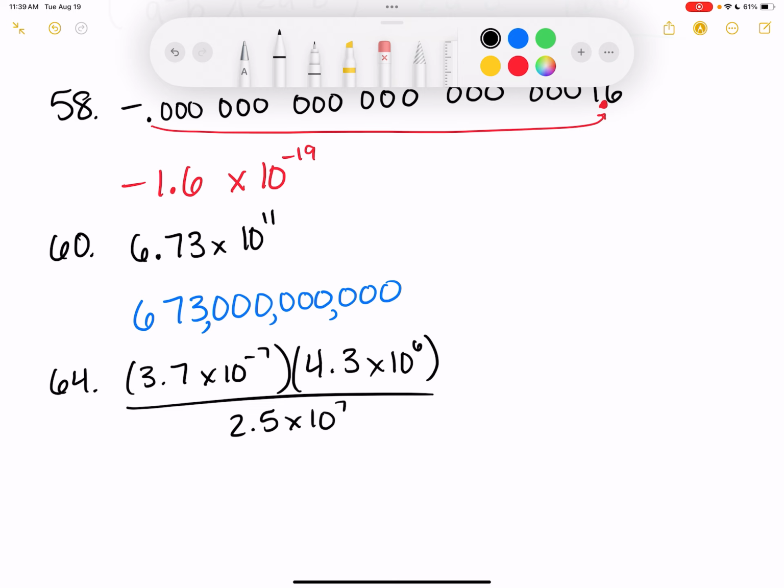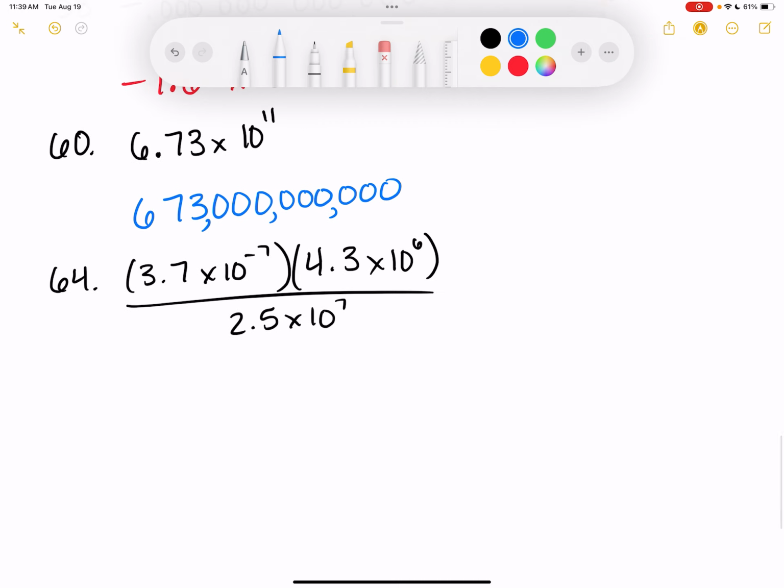I think we may have done a couple of these last year, but I don't know that we spent a ton of time on it. What I suggest doing when you're doing a problem like this is dealing with the scientific notation part that has the exponents by itself, and then dealing with the other numbers, because everything's being multiplied, so I have the freedom to move things around.